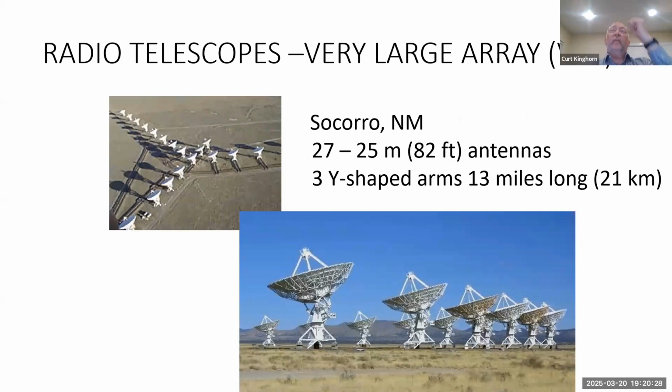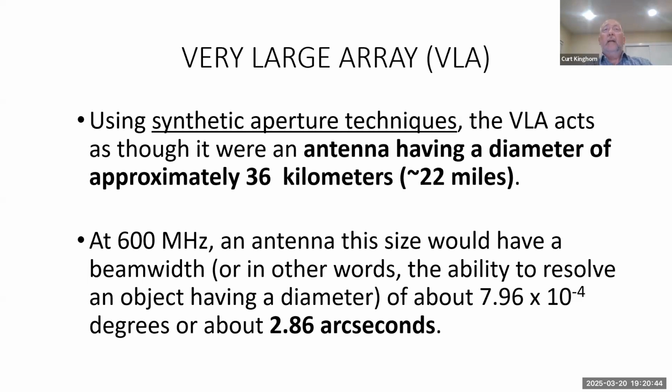The Very Large Array is a synthetic aperture array. There are 27 of these 25-meter antennas, and they're out on three Y-shaped arms that are 13 miles long.